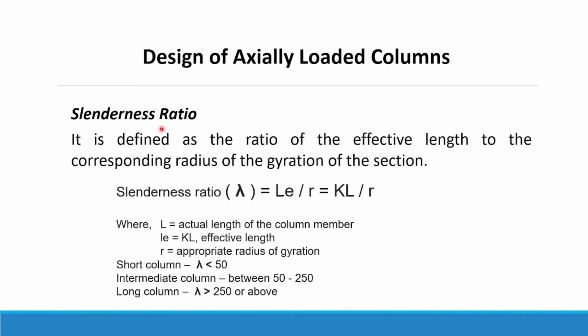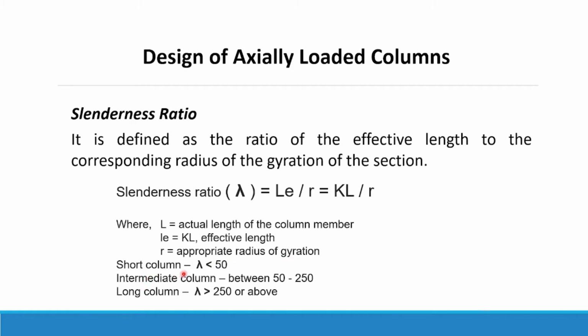And the slenderness ratio is defined as the ratio of the effective length to the corresponding radius of gyration of the section. Slenderness ratio is equal to LE over R, or KL over R, where L is the actual length of the column member, LE or KL is the effective length, and R is the appropriate radius of gyration.